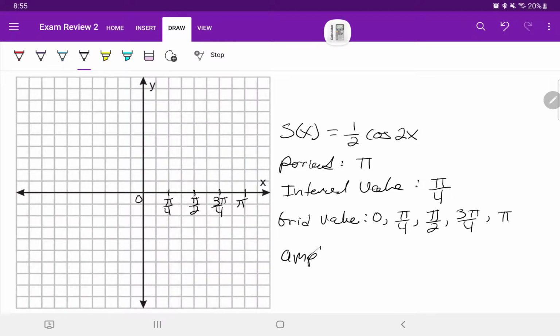The amplitude is the absolute value of the number being multiplied in front of the trigonometric function. The absolute value of 1/2, and that's going to equal 1/2. So the highest value this function can obtain is 1/2. The lowest value this function can obtain is negative 1/2.